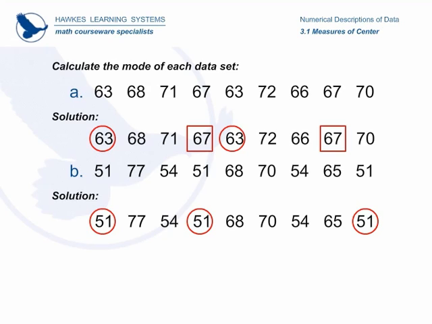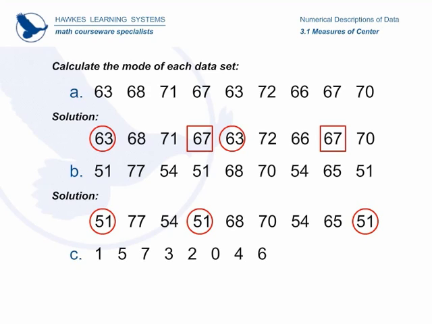We see that the number 51 occurs 3 times, and all of the other data set values occur less than 3 times. So 51 would be our most frequently occurring data value, or 51 would be our mode.